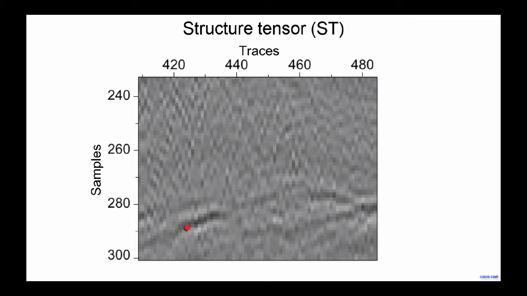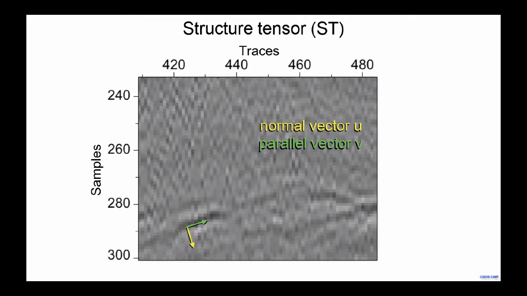Once again, for the structure tensor method, we estimate structure tensors for every sample in the image so that we can do an eigenvalue decomposition to obtain eigenvectors normal and parallel to structural features in the image. Eigenvectors normal to structure correspond to the largest eigenvalue in the eigenvalue decomposition, and the parallel eigenvectors correspond to the smallest eigenvalue.